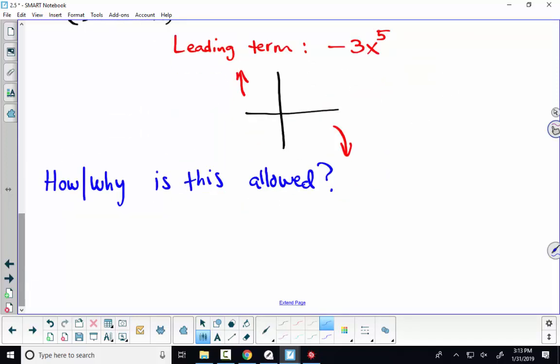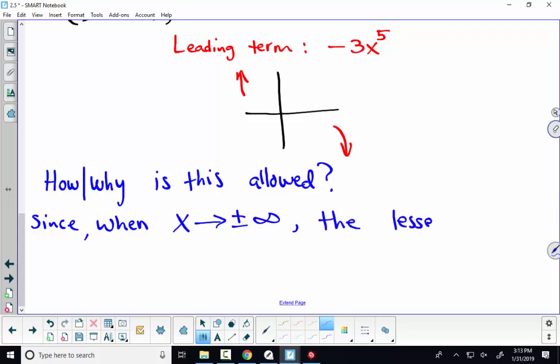So that's the reason that worked, because for the end behavior, x is approaching positive or negative infinity, and the lesser terms, again, we're only speaking strictly in the sense that x is growing larger and larger.